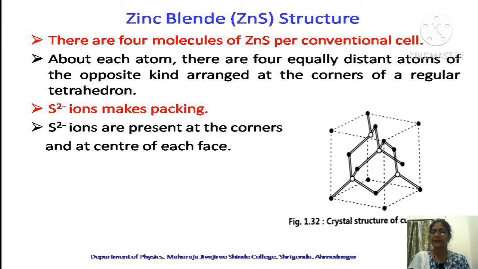We know that the sulfur atoms are present at the FCC position, that is at the corners and at the face centered position at the center of each face, and the zinc atoms are present at the tetrahedral voids.